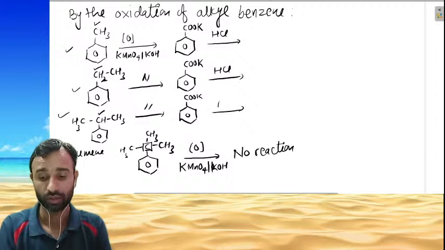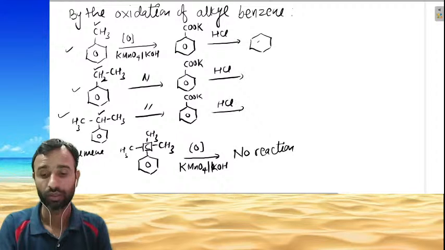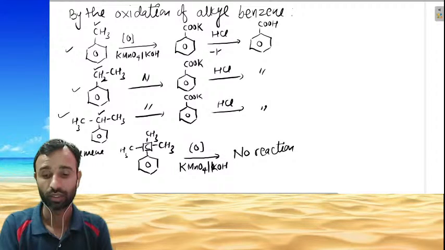On acidification, we get benzoic acid. Cl is removed.